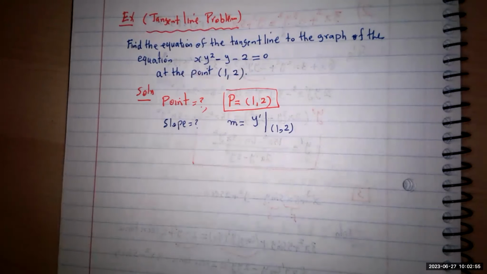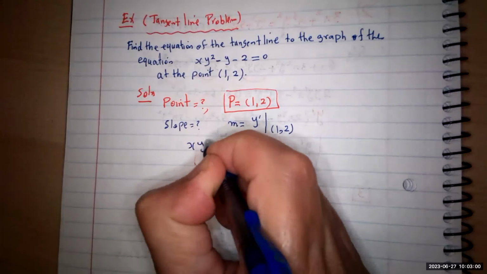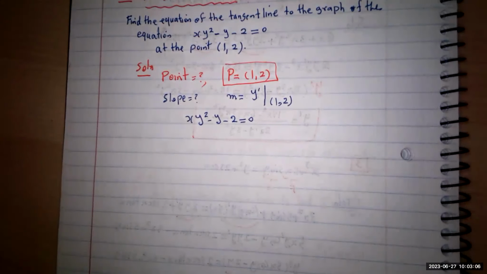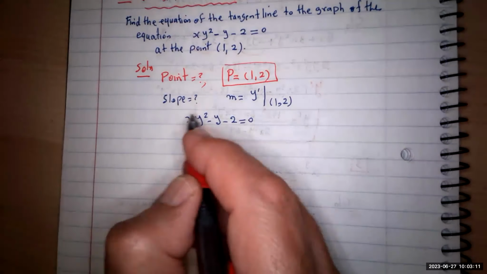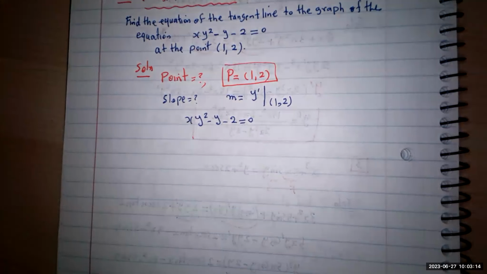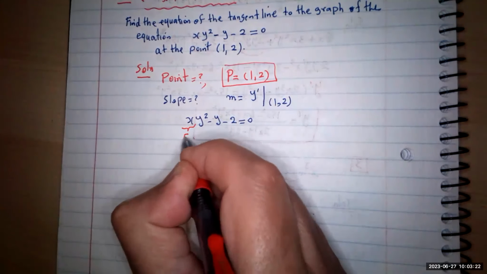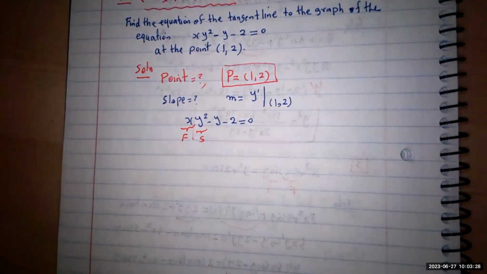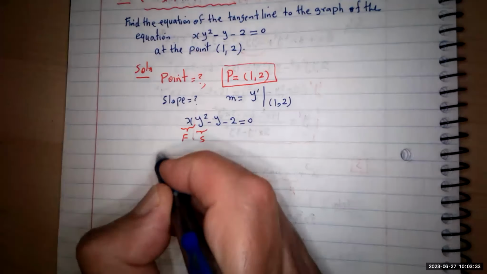So let's bring the equation and take care of the differentiation. x y squared minus y minus 2 equal to 0. Again, you got to be careful. The first one is a product of two functions, x and y squared. Just make sure you don't forget it. Some people make a mistake here. So you have to take it as a product of two functions. This would be your first function, and this is going to be your second function. So remind yourself that you have to apply the product rule. Derivative of the first times second: derivative of x is 1, but I write it down so you know what is going on.